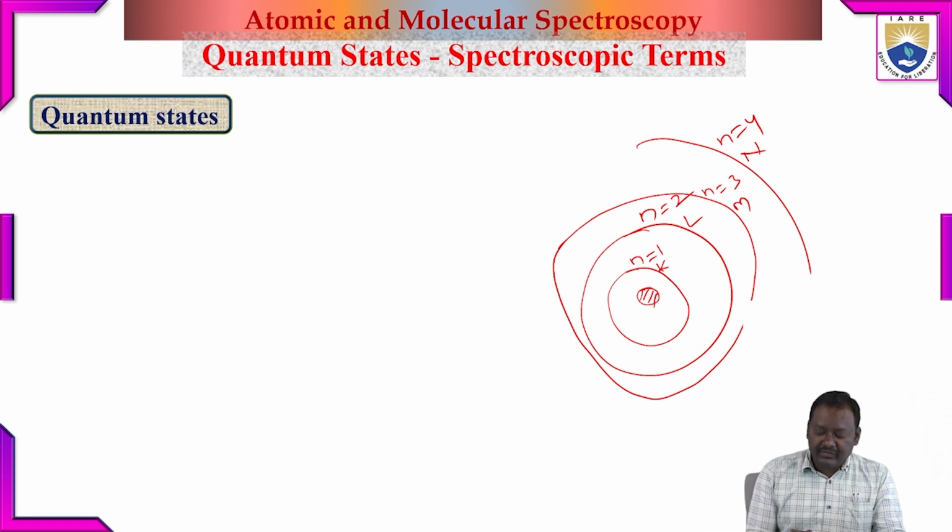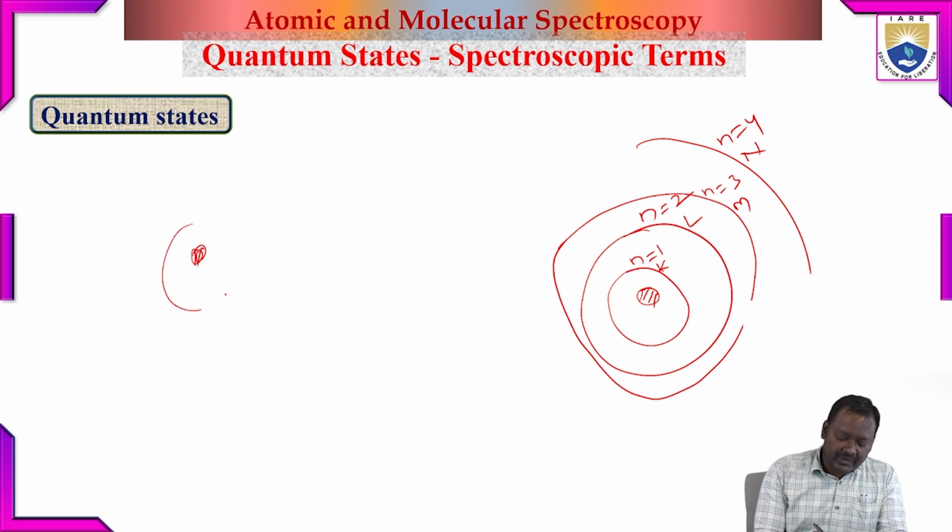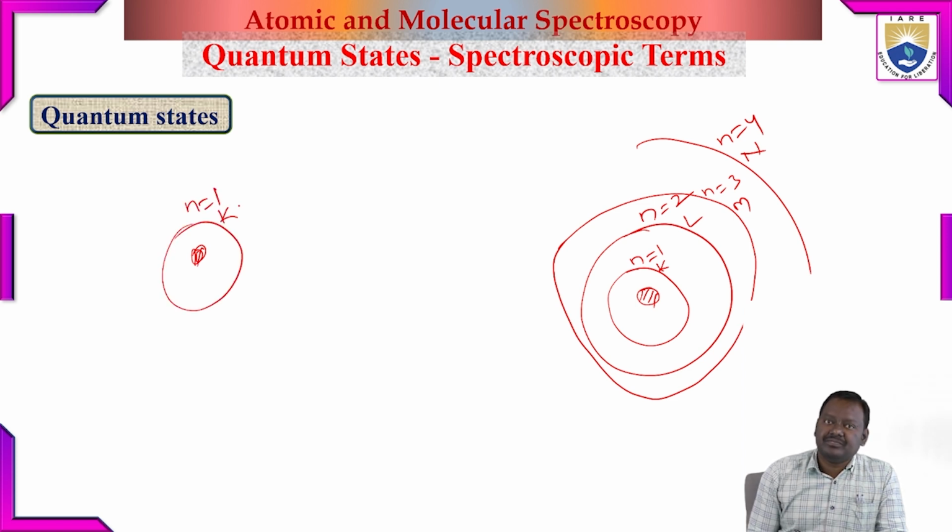But whenever we consider elliptical orbits, for example, for n equal to 1, that means K shell, according to Sommerfeld theory, the only value available for l is 0.